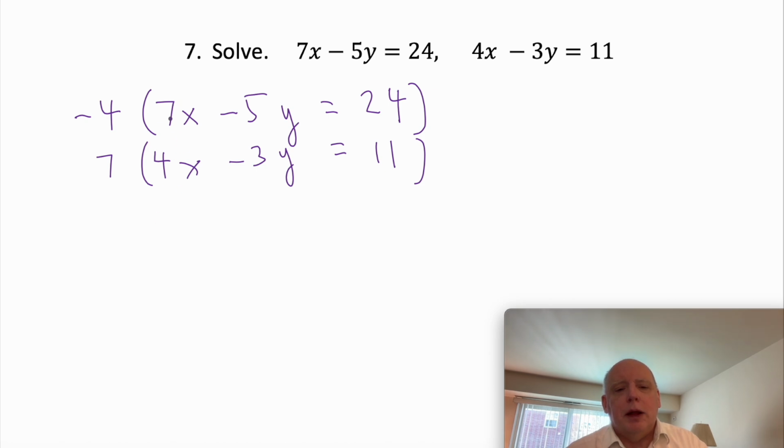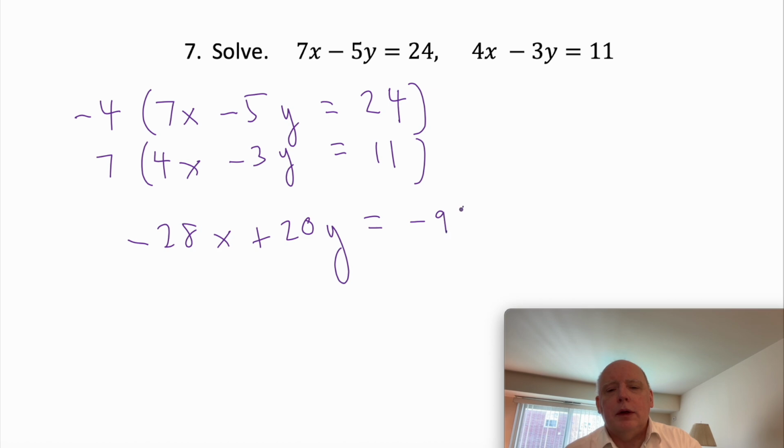And then we'll be able to eliminate x because we'll have a minus 28 plus 28 for the x. So when we do that and we rewrite, we're multiplying everything left and right by minus 4. So we get negative 28x plus 20y is equal to minus 4 times 24, minus 96.